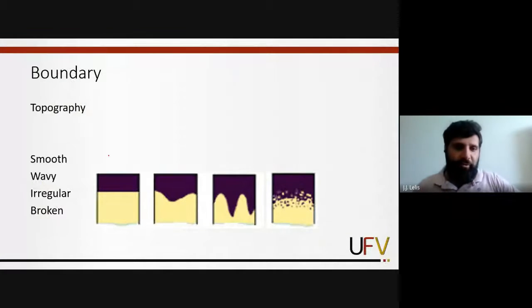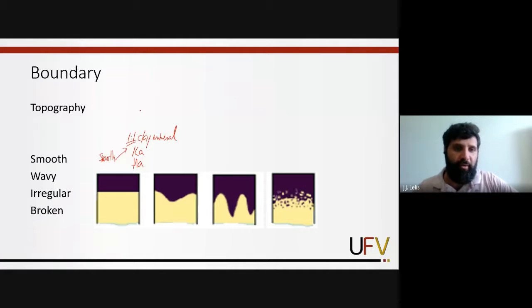This wavy topography is very common. It's the majority of boundaries that we can see in the world. It's very common in 1:1 clay minerals like kaolinite, halloysite.